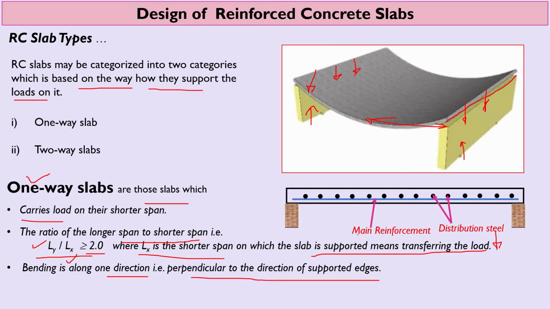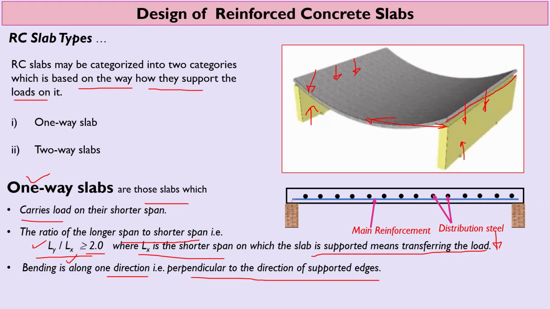Now this will be the sectional diagram of the slab. It is a simply supported type of slab. You can see both ends have brick wall type of support, and this rectangular portion is a slab, a one-way slab particularly. This one-way slab is a simply supported type of slab.